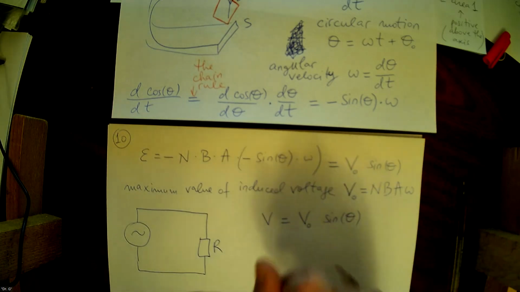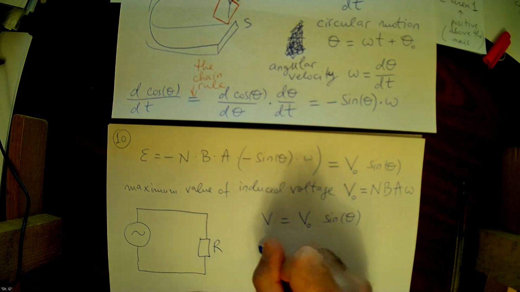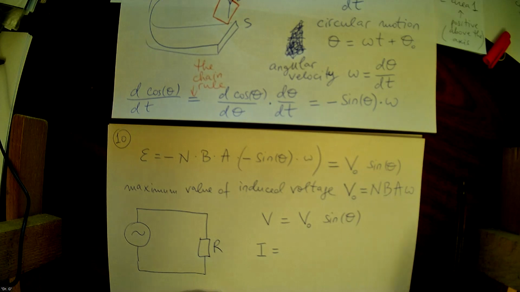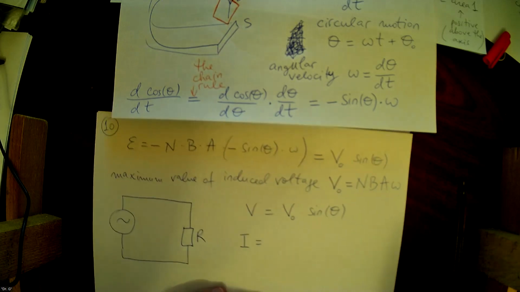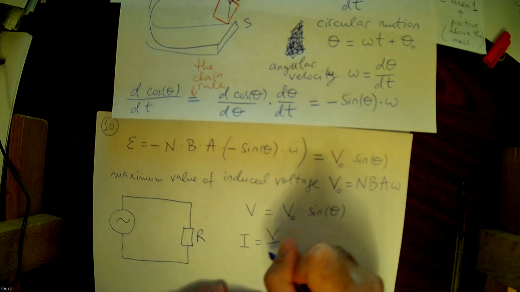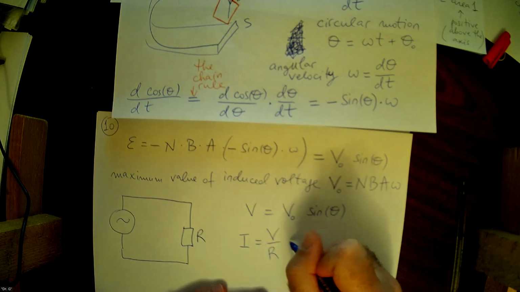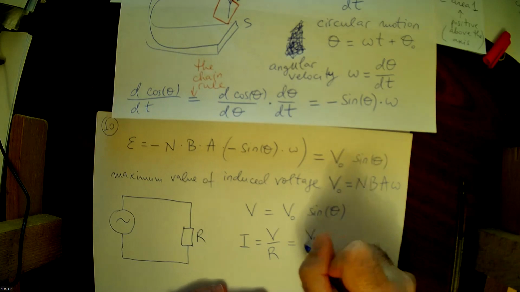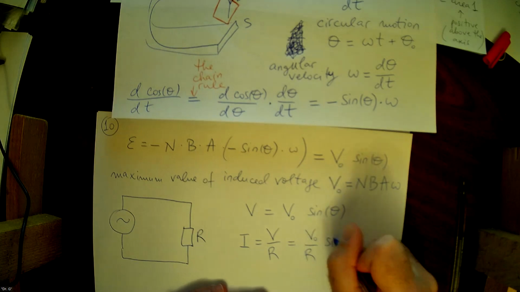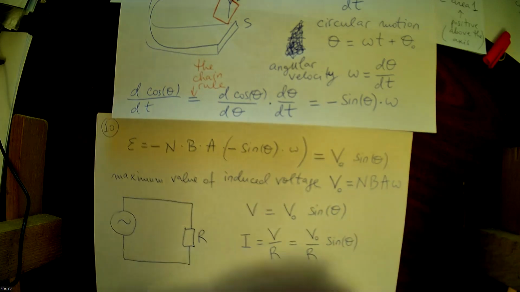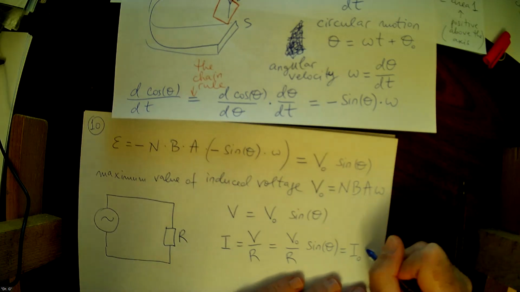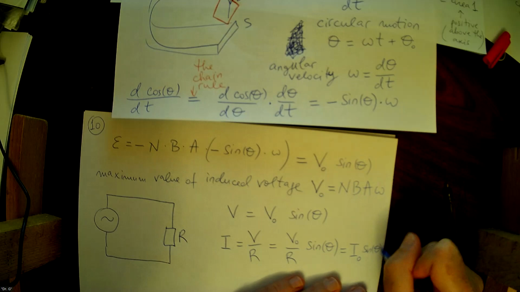What is the electric current in the resistor? By Ohm's law, the electric current is the voltage over the resistance. So this will be V0 over R sine of theta, which is I0 sine of theta.